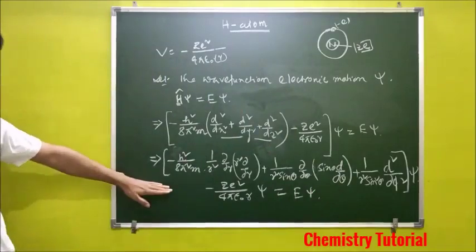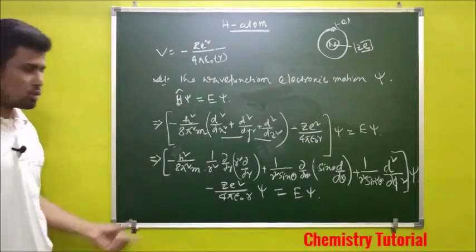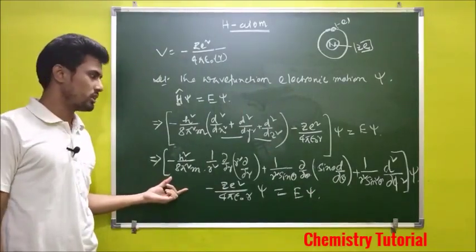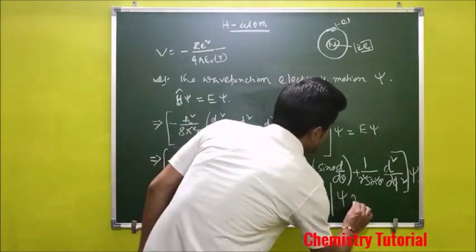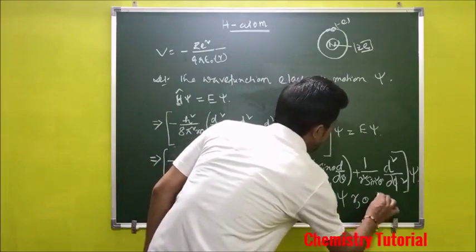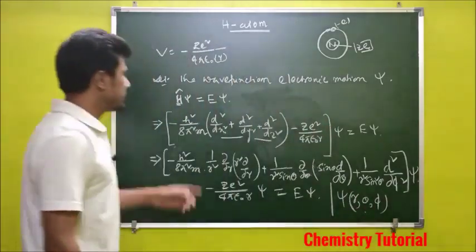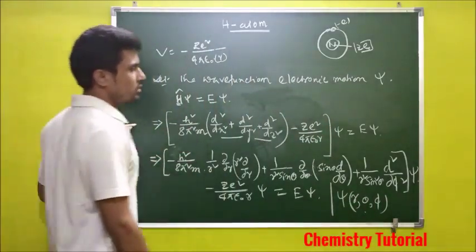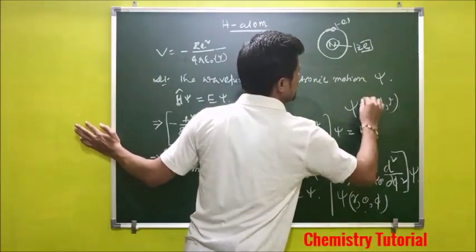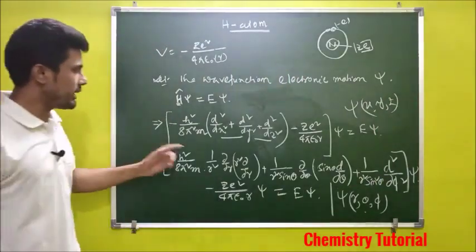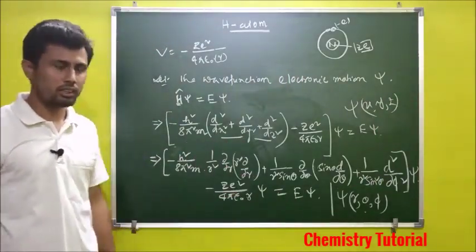So this is the Schrodinger equation in terms of polar coordinates, where psi is a function of three variables, that is r, theta and phi. But in Cartesian coordinates, psi is a function of three variables, that is x, y and z. We just replace the kinetic energy operator here, okay.